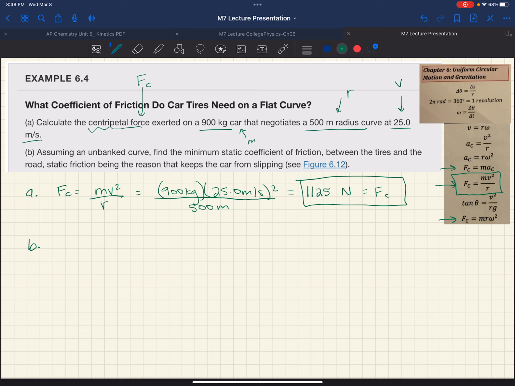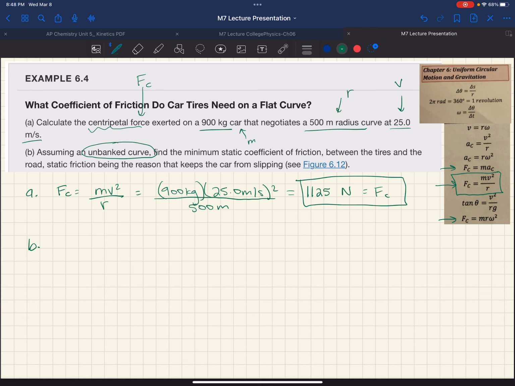Once it started moving, kinetic friction had taken over. So what is that static friction coefficient, which is keeping the car from sliding off the road when it takes a turn? It says unbanked curve, which simply means the road does not come up at an angle. We're going to assume it to be flat in this case.